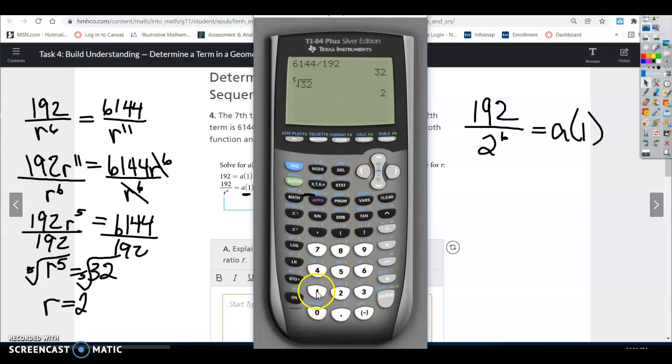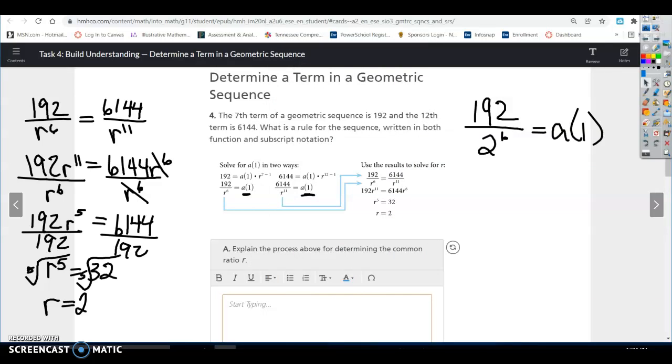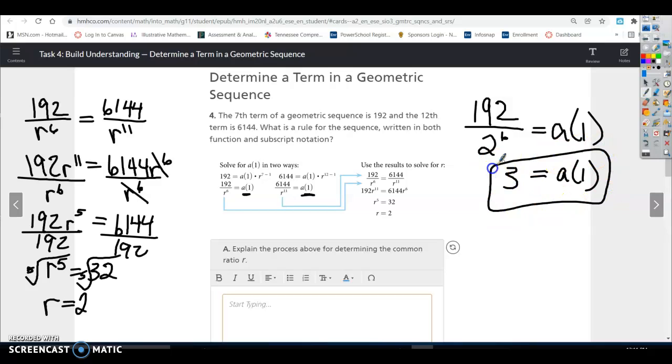And I'm going to do 192 divided by 2 to the 6th power. And that gives us 3. So we know our first term is now 3. So a of 1 is 3. And our common ratio is 2.